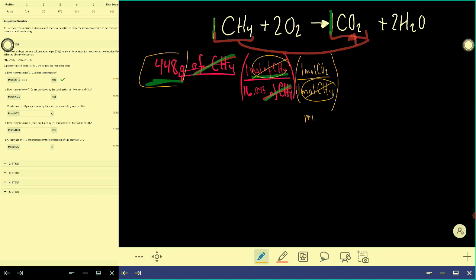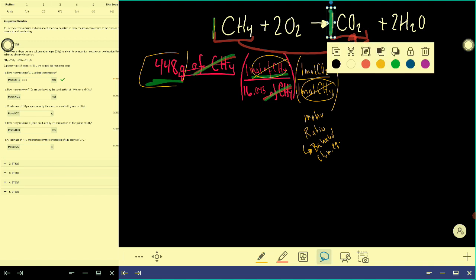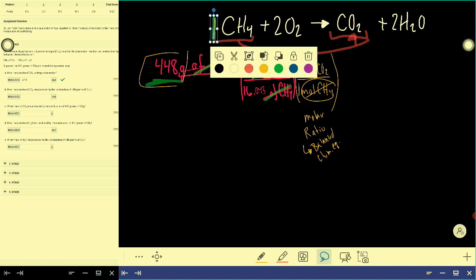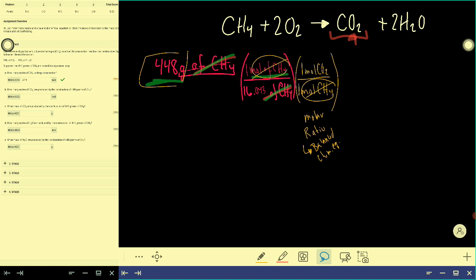And it is always found by looking at the coefficients in the balanced equation. Okay, that balanced chemical equation, those coefficients tell me what I can use. And if there is no coefficient, it means 1.